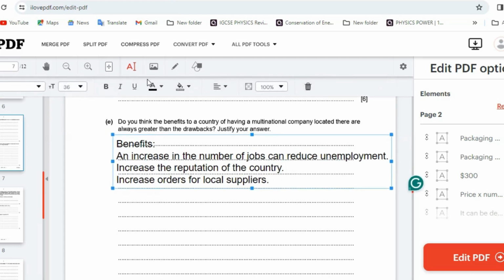Now let's see the drawbacks too before we justify the one that we think is greater between the two.